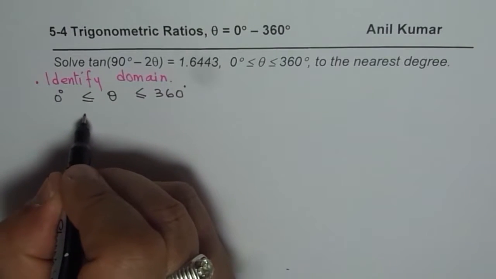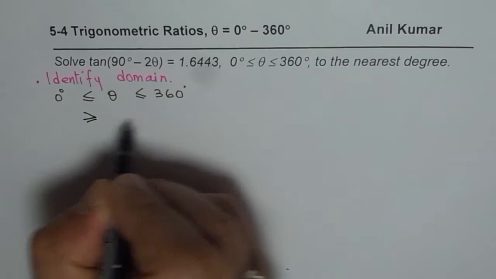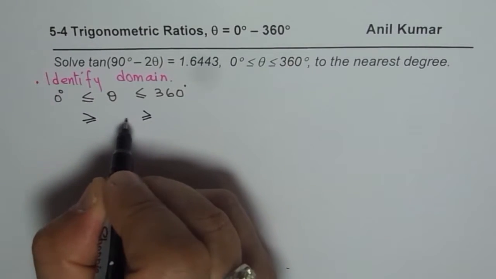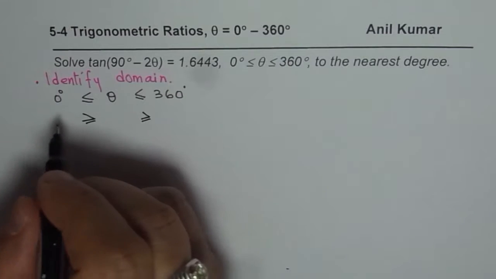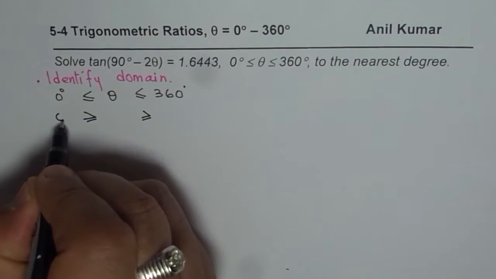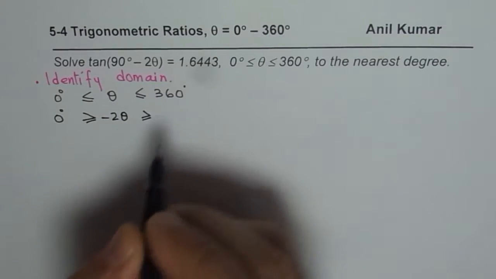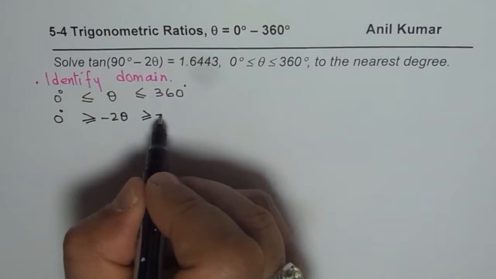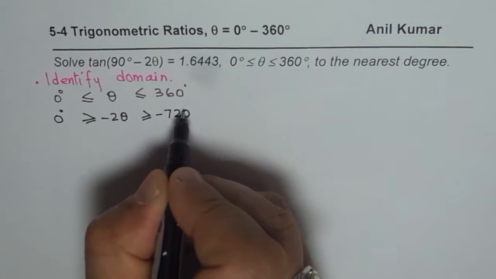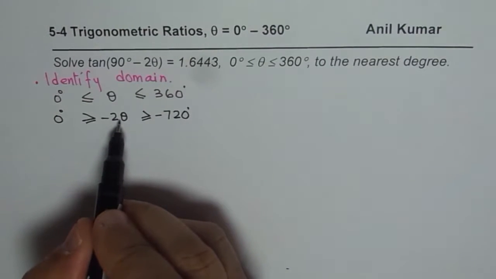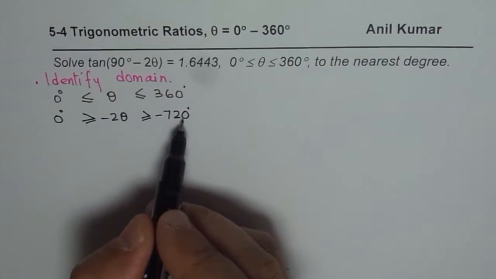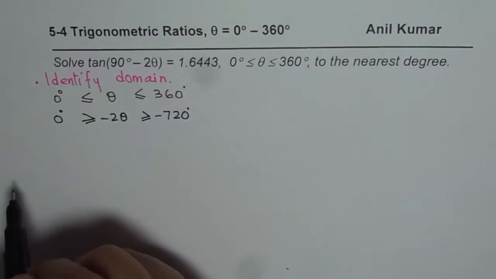That mistake we should not make. So minus 2 times 0 is 0 degrees, and here we get minus 2 theta. Minus 2 times 360 means minus 720 degrees. So now minus 2 theta should be greater than minus 720 and less than 0.